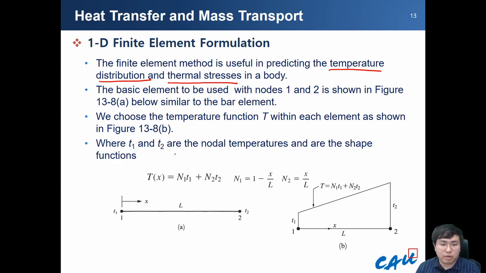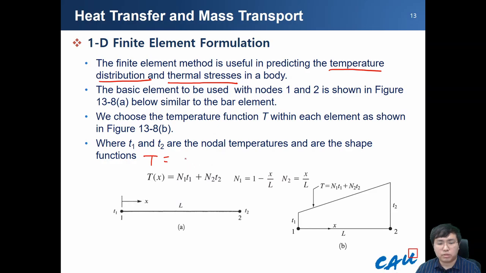So let's think about it. Similarly, the displacement function can be determined like this. Here we are going to say that the unknown variable is temperature. So the temperature is also determined similarly by A1 and A2 in a specific coordinate system.